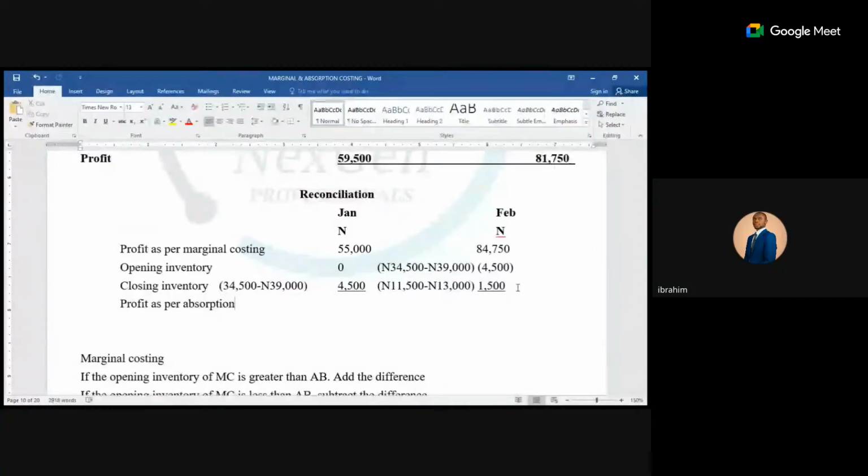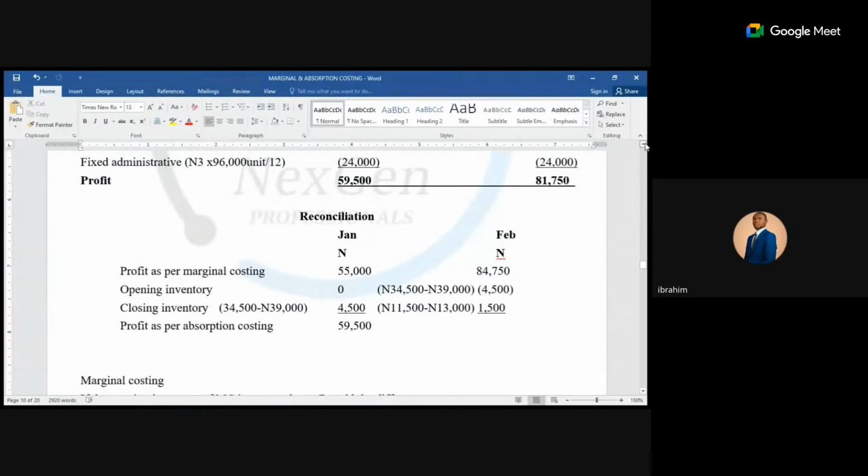Profit as per absorption costing, what do we have? The profit is 59,500. Can you see that we arrive at the profit? It's as simple as ABC.